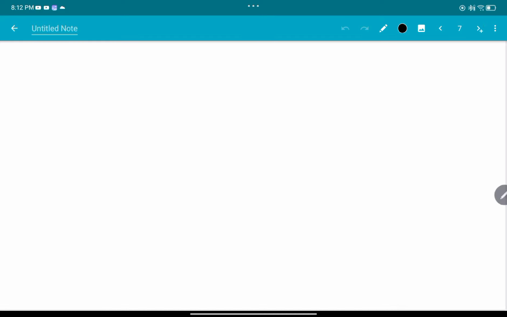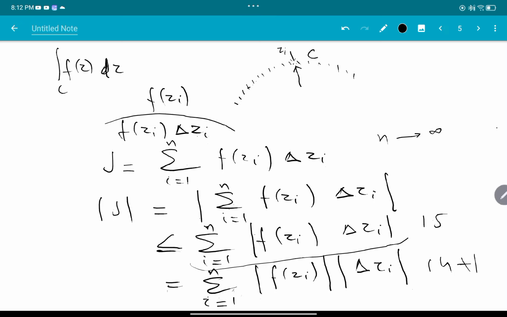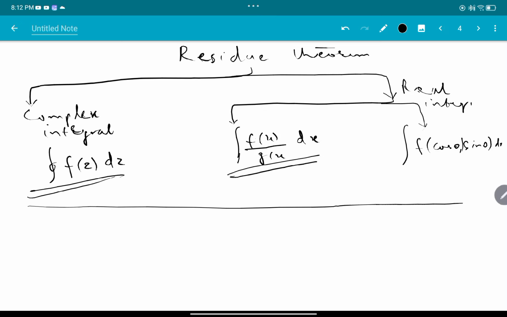Now let us take, as I told you on the previous page, not here, but here, yes. Suppose we first take this example, an integral of this example.